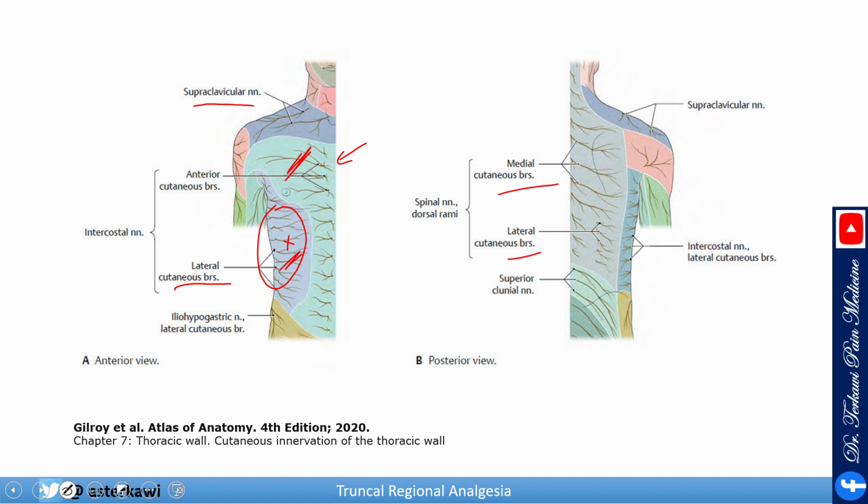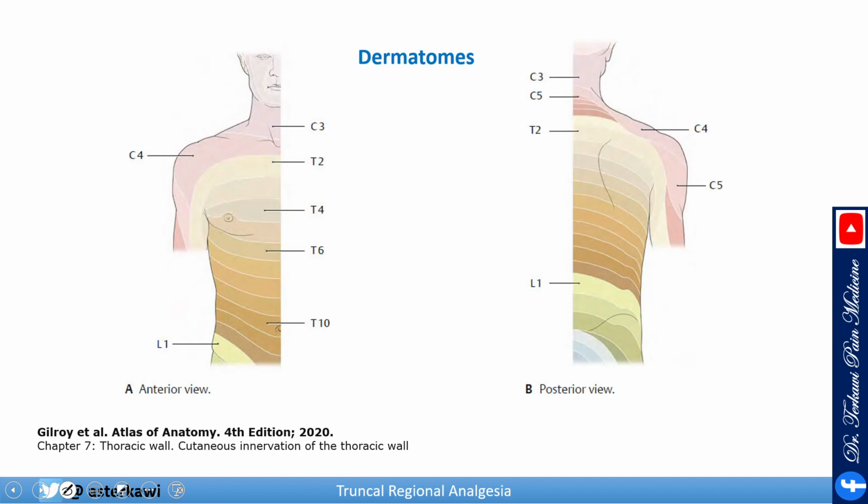This is a very important dermatomal innervation picture for the chest wall. These are the dermatomes. So again, if you want to cover breast surgery, it's really T2 to T5, and the abdomen will be from T6 to T12.